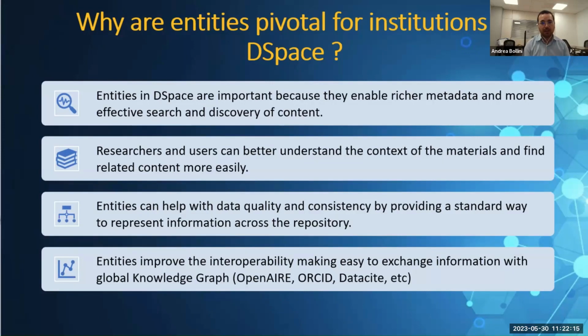And all of us know, for 10 years now, it is not a new thing, that all the international projects are talking about knowledge graphs. So we cannot look at a single record as a standalone piece of information, but we always need to look at a record in the context of a graph, where this record is part of a large graph of connected information.